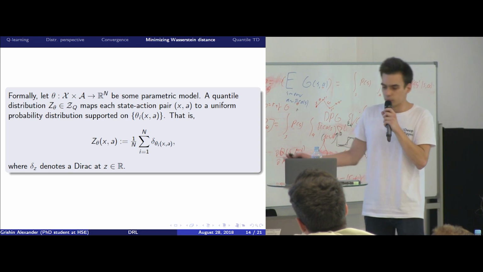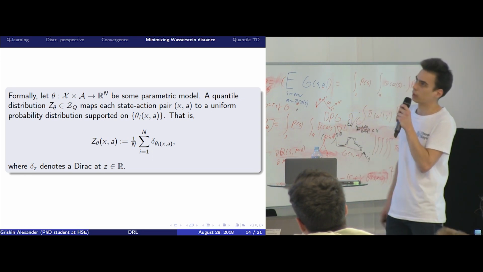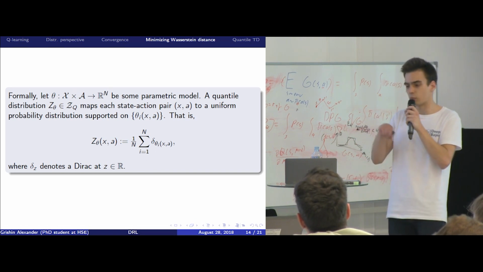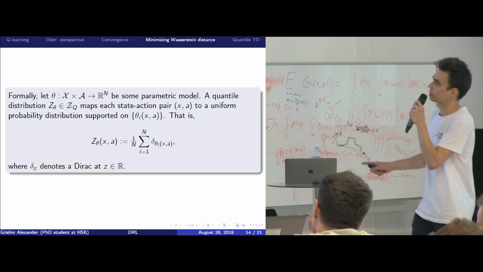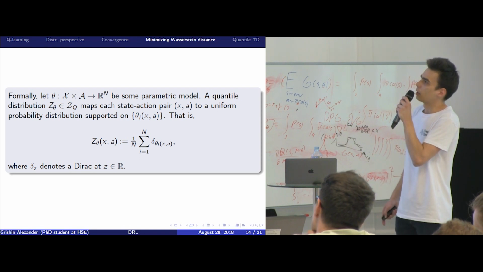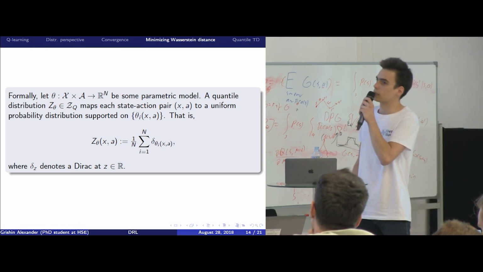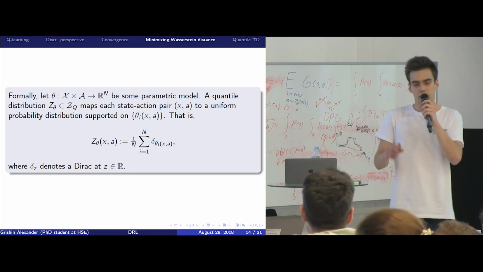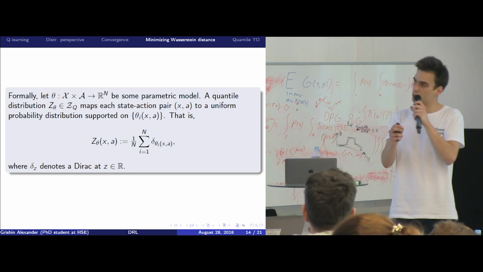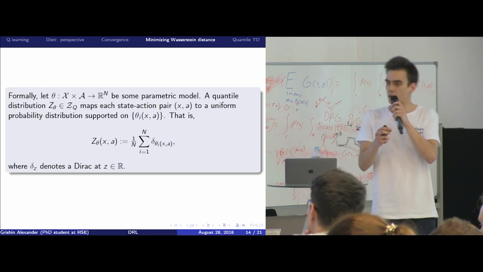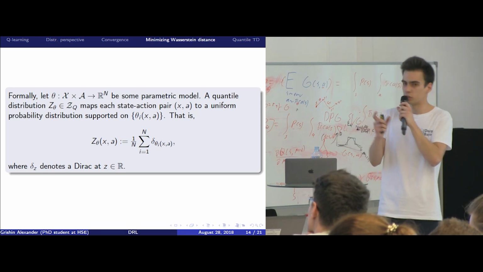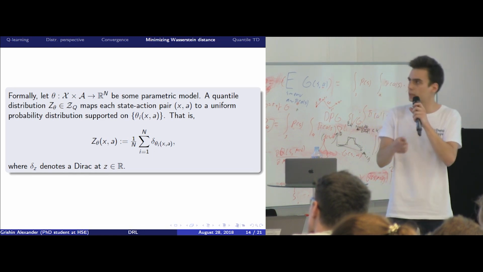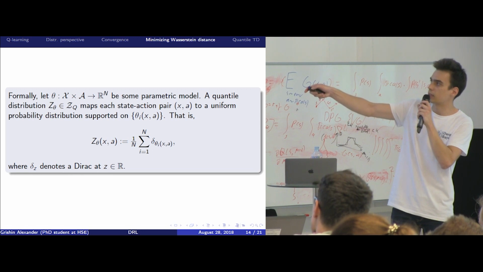Then let's introduce parameterization, our parameterization which doesn't break the contractivity. Let's construct it in the following way. Let's fix some hyperparameter n, and after that we have our distribution as the sum of uniform delta functions in the positions theta_i.